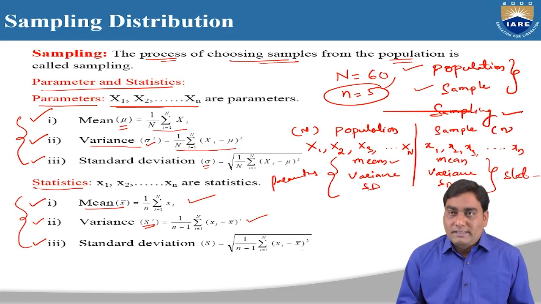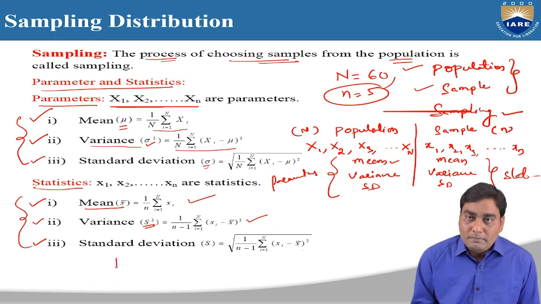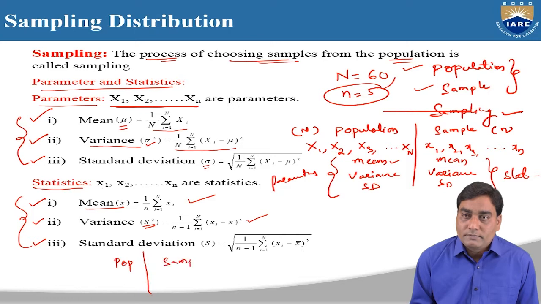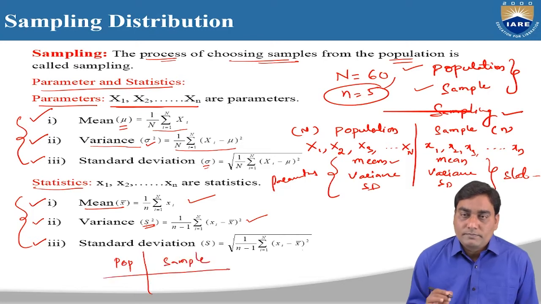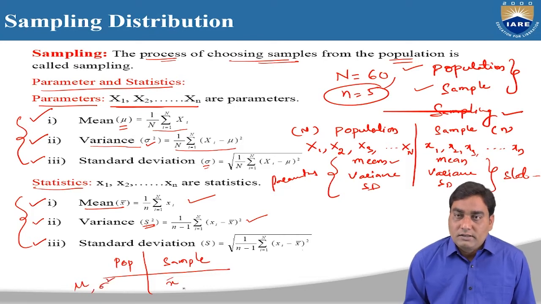Mean, variance and SD of the sample we can call statistics. Here the symbols are very, very important. Again, I am going to repeat: for population and sample, the mean is mu for the population and x bar for the sample. Variance is sigma square for the population and s square for the sample.